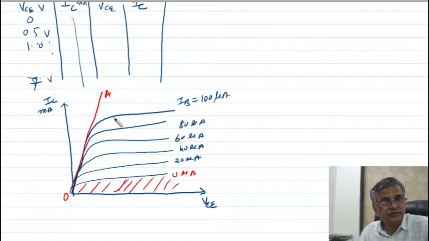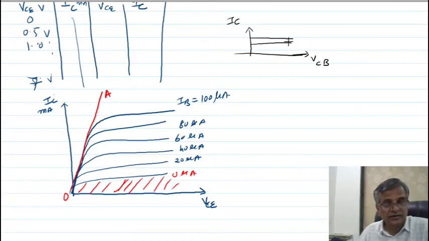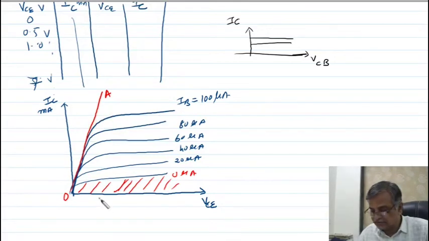Now, in your common base, you have seen this graph almost constant. Here it is not constant. Here a slight increase takes place as VC increases. What is the reason?